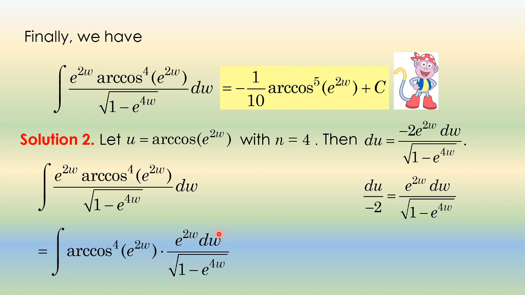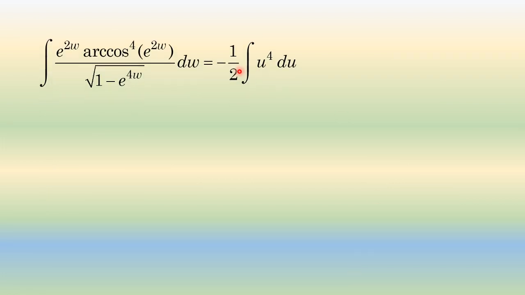Hence, this part is du over negative 2. So we get u to the n, which is 4, times du over negative 2. Let's move the negative 1/2 outside the integral sign, getting negative 1/2 integral of u to the 4th du.